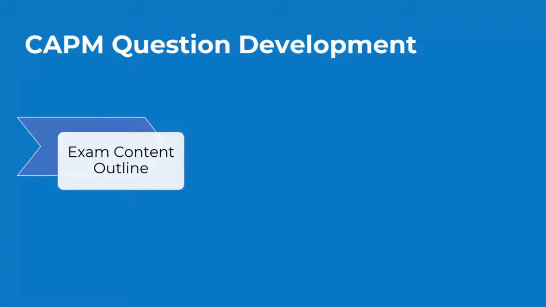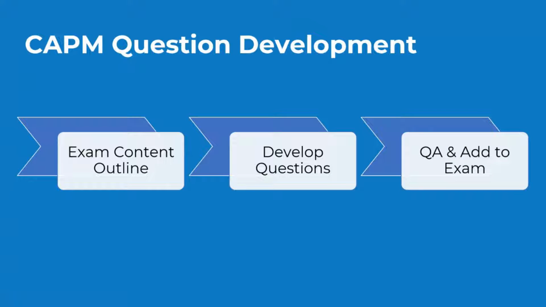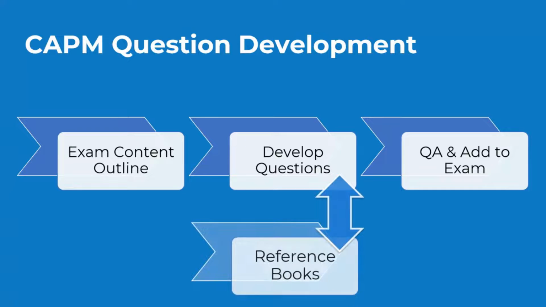They pick a domain, they pick a task, and they say, I want to create an exam sample question based on that. So they develop that question right there and then. Once they are done with the development of that question, they put that question through quality assurance, and if it passes all the quality assurance processes, it is added to the exam. In addition to that, they also have to make sure that the question uses, I think it's 2 reference books from PMI.